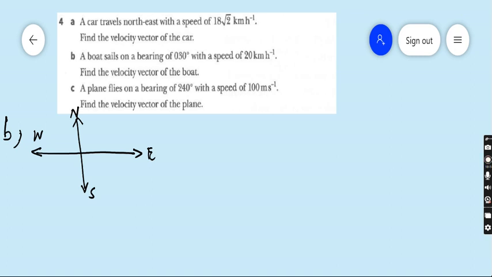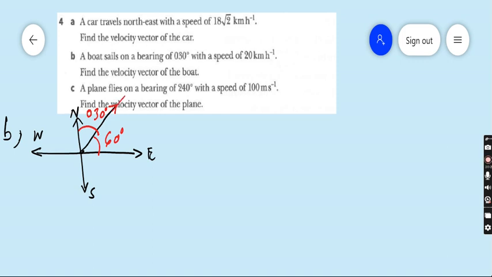The bearing means an angle from the north, always measured clockwise. So this is the bearing, which is given as 030, and this angle should be 60 degrees because the total angle is 90. 90 minus 30 is 60.